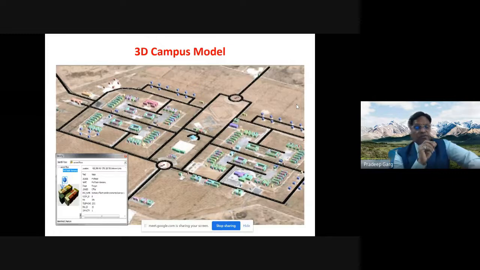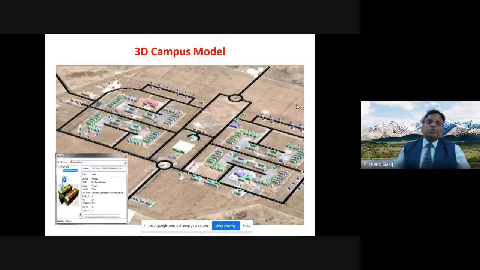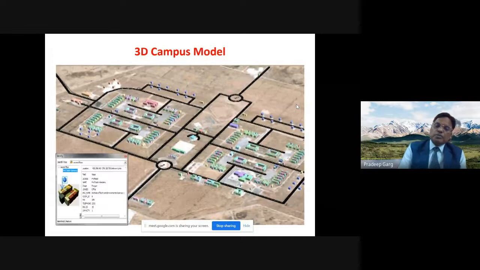And this is very, very common in foreign countries. When students want to take admission in a particular institute, they would like to see the institute also. They would like to see how the lab looks, what the different equipment are, how their campus is. So all that 3D model of the entire campus is built using those geospatial technologies.